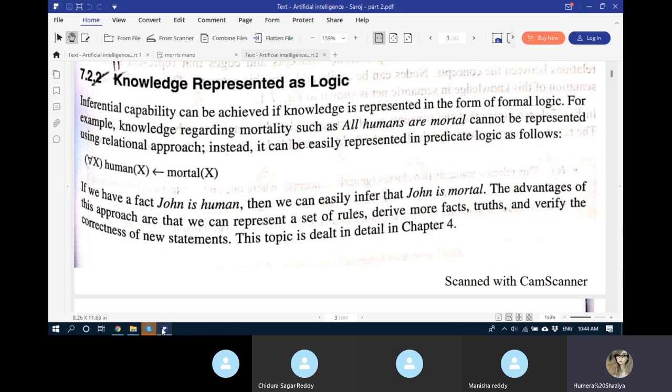Hence, deriving a new knowledge is very easy when we are representing knowledge in the form of a logic. So the advantages of this logic approach is that we can represent a set of rules and we can derive more facts and truths, and we can verify the correctness of new statements.